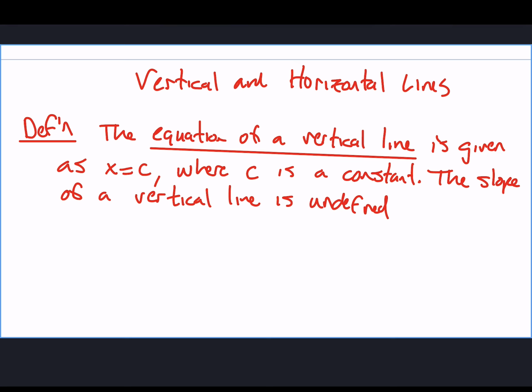Well, if the x's are always the same, x2 minus x1 for any x values is 0. And what can we not do in math? Divide by 0. We can't divide by 0. That's against the rules. So, no matter the y value, the x value is c.